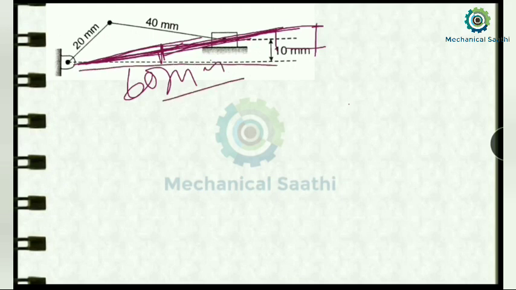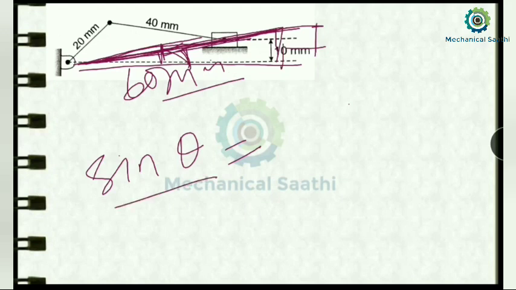Then from this we can find this angle. We can use sin theta. For finding this angle, sin theta is this length divided by this length, so that is 10 divided by 60.